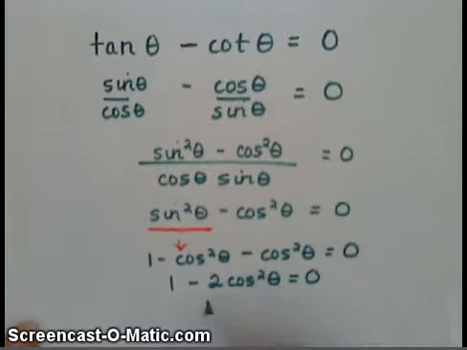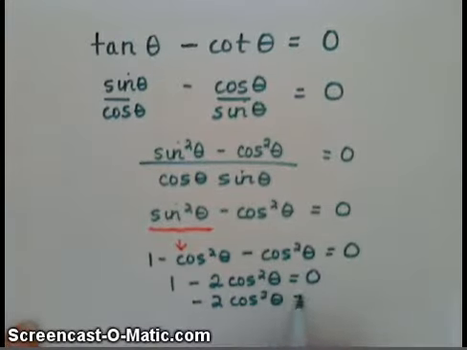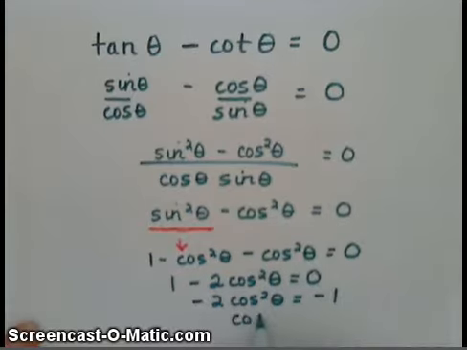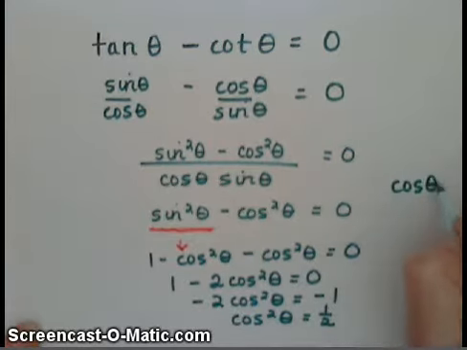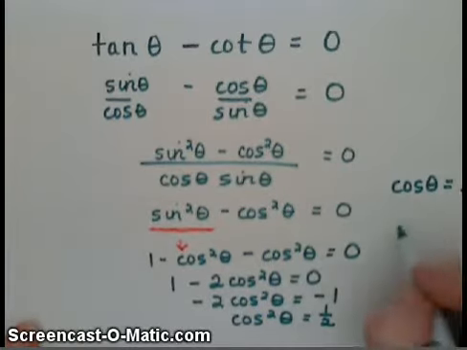And let's just finish now. Negative 2 cosine square theta equals negative 1. So cosine square theta is equal to 1/2. I'm running out of room, so I'm going to go up here. So cosine theta equals plus or minus 1 over the square root of 2. Rationalize that.